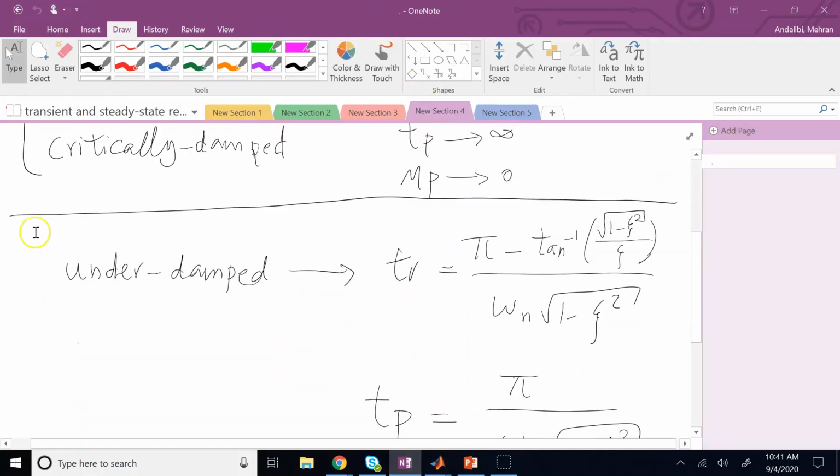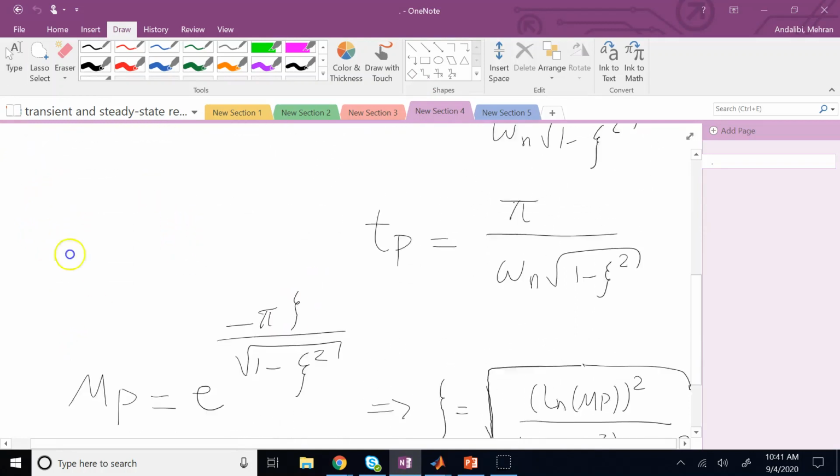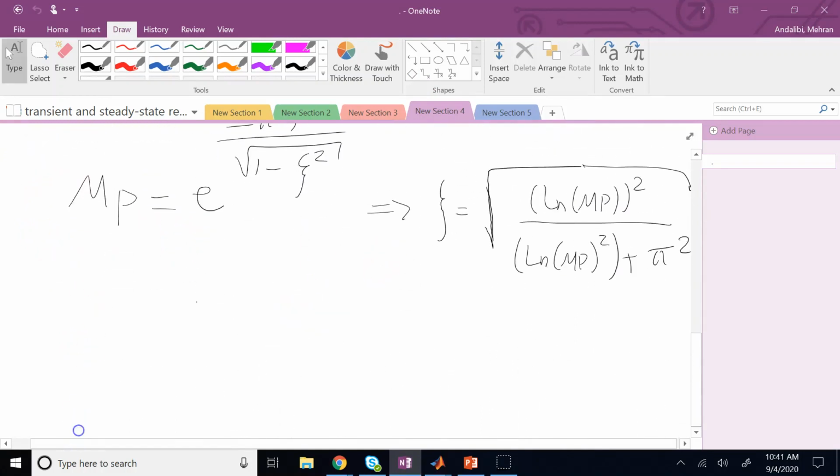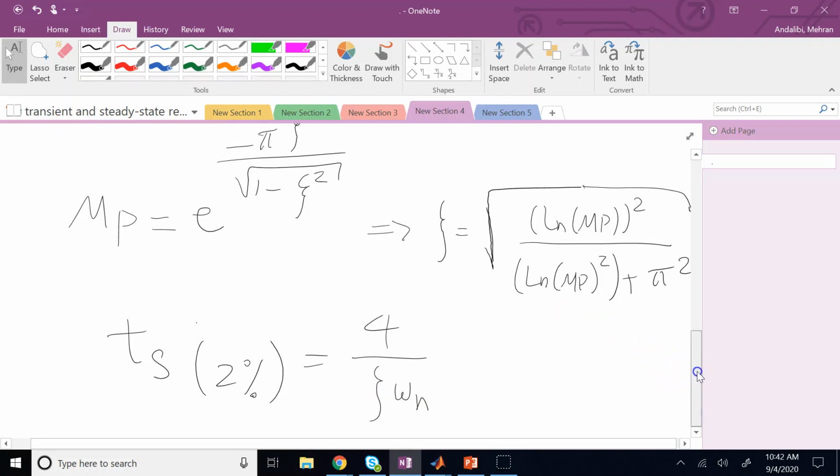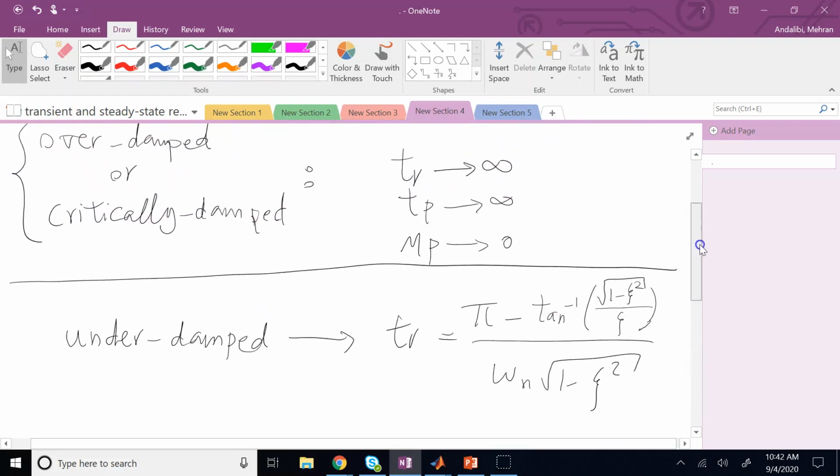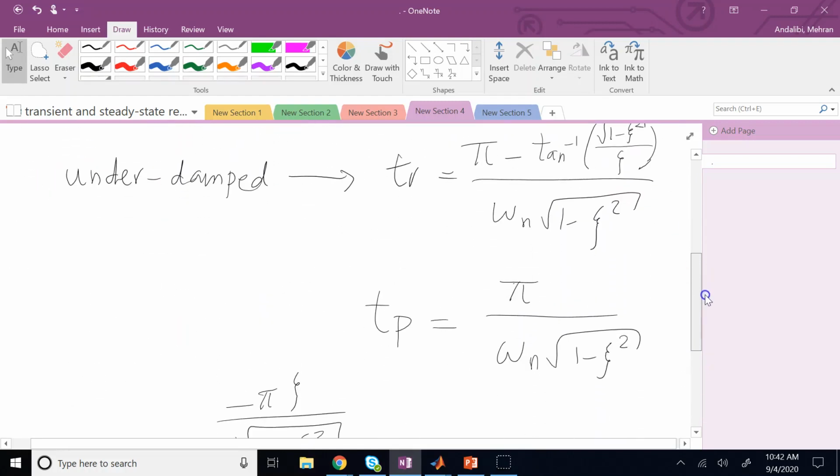So my last parameter here, as I said, is called settling time. With a 2% criterion, it is 4 over zeta omega n. As you can see, settling time is also a function of both parameters, zeta and omega n. So all of the times, t rise, t peak, and settling, are all functions of zeta and omega n.